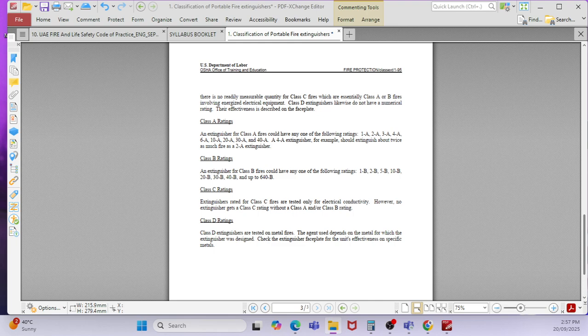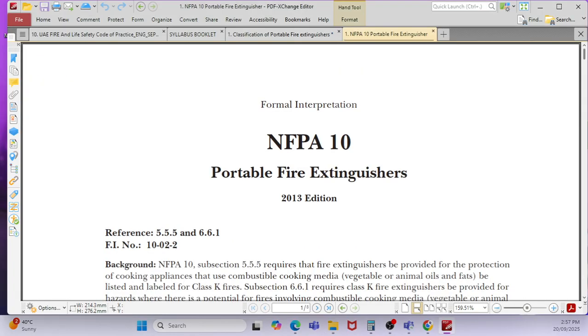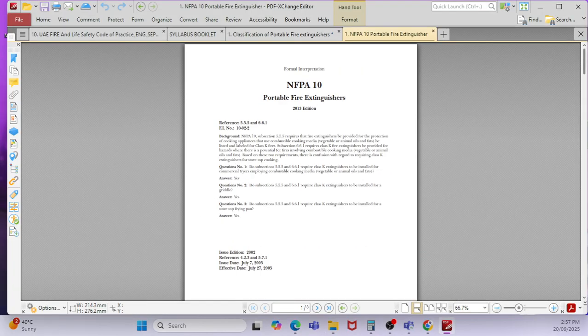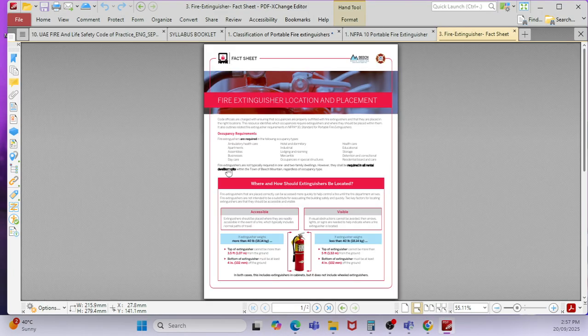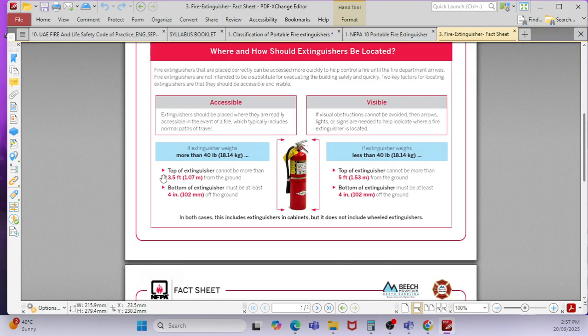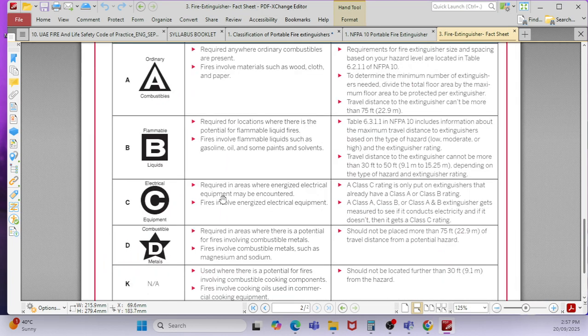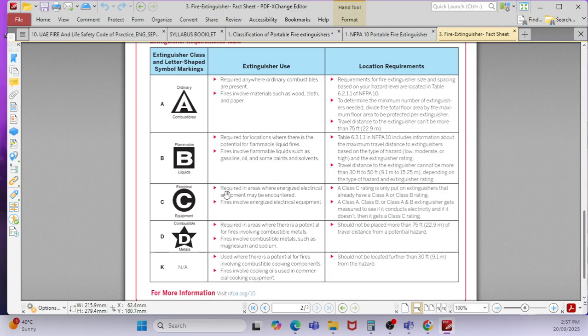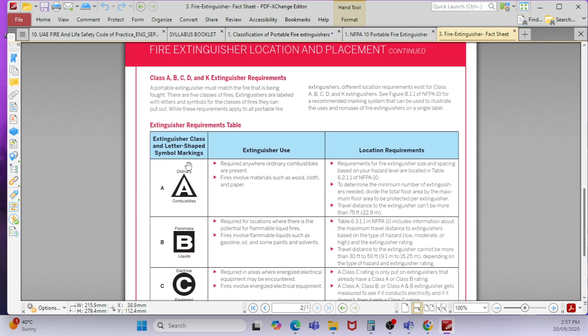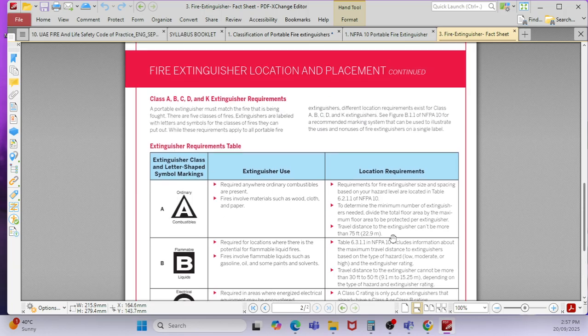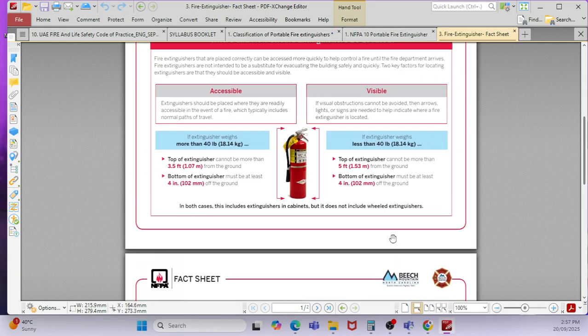If I open NFPA 10, the same thing is given here as well. Whatever we discussed just now depends upon the type of fire material, what type of extinguisher you have to use.